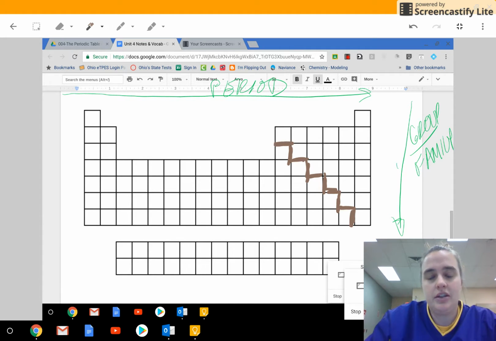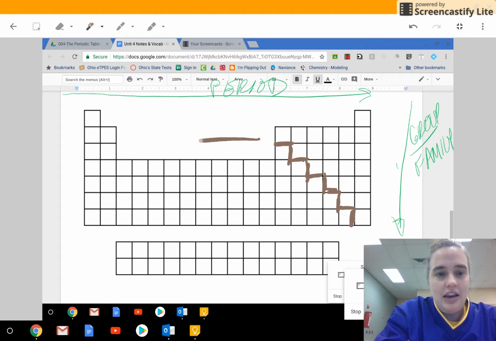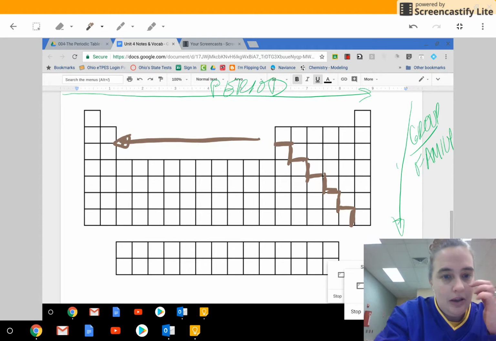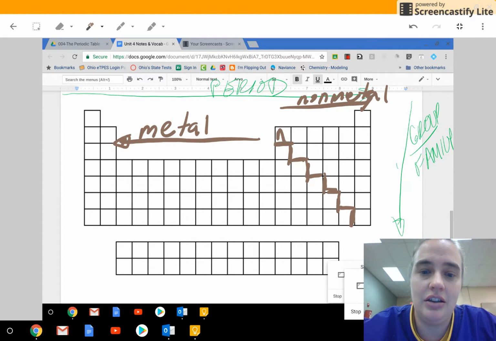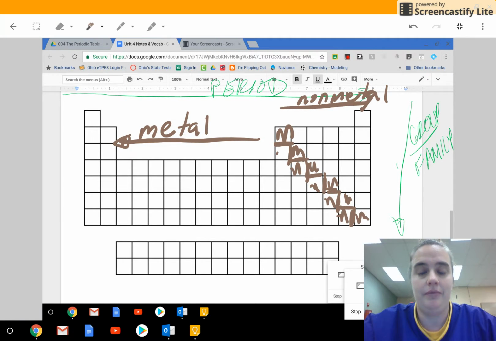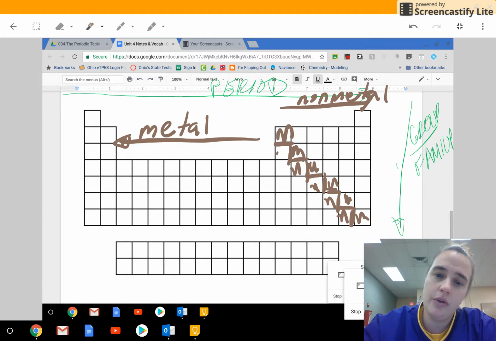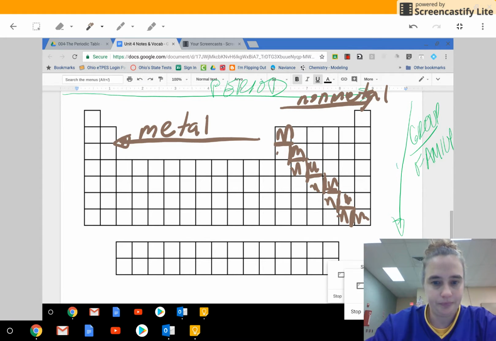The reason why this is referred to as the bat line is because anything to the left of that line is referred to as a metal. Anything to the right of that line is a non-metal. And then anything that touches that line, so here, here, here, those things are referred to as a semi-metal. So things that aren't quite a metal, aren't quite a non-metal.